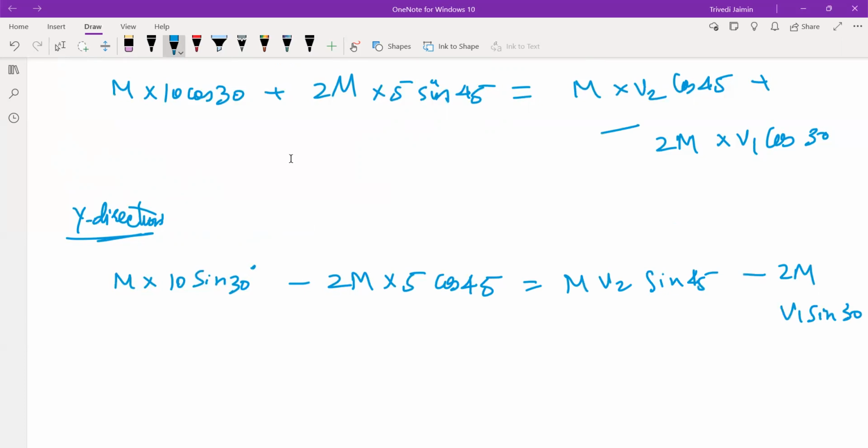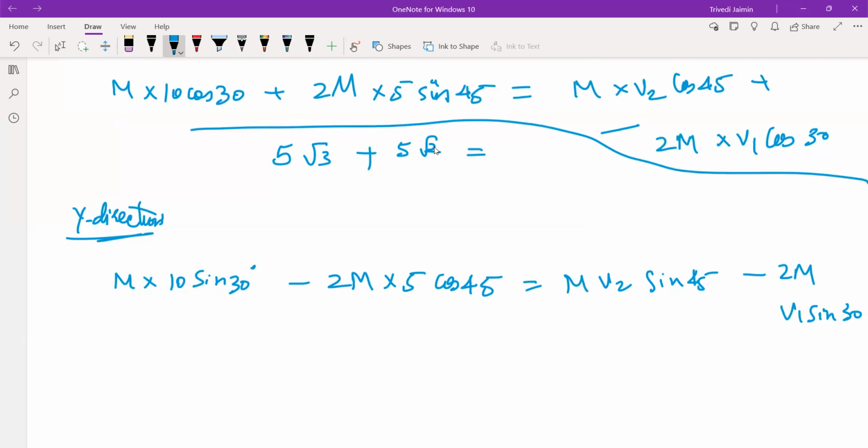Here what you will get? 5, 3 plus 1 by root 2 equals to, m will get cancelled. Same way V2 by root 2 plus V1 root 3.